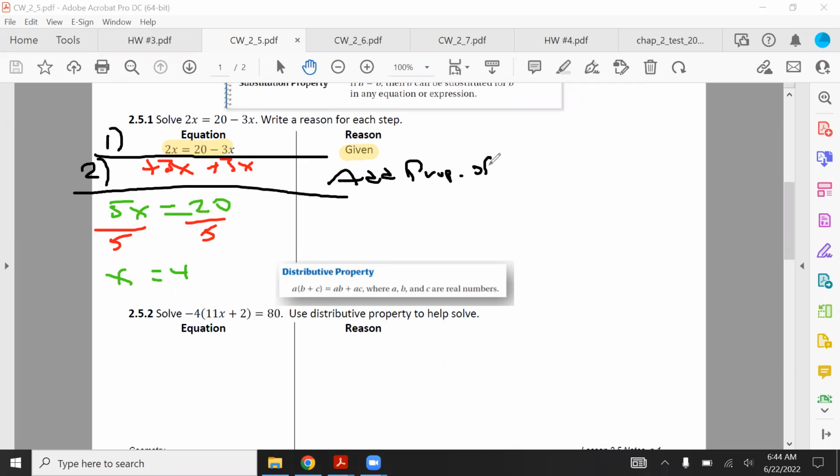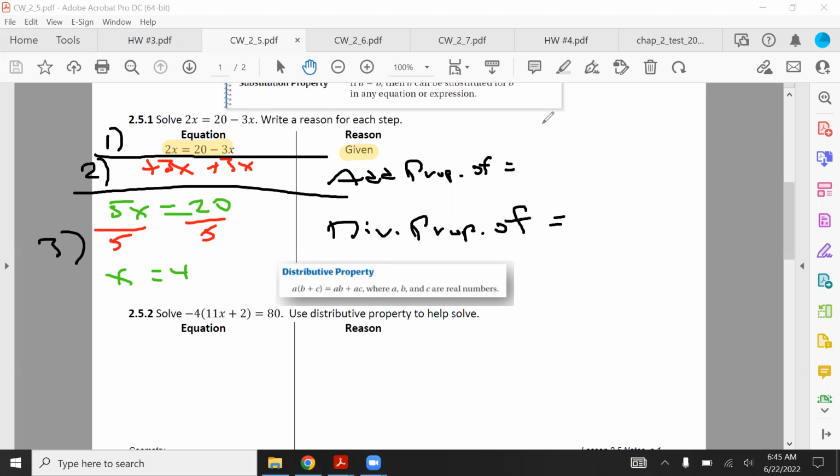You got to write like that, actually, to kind of show the equal sign. And then the third step was a division property of equality.